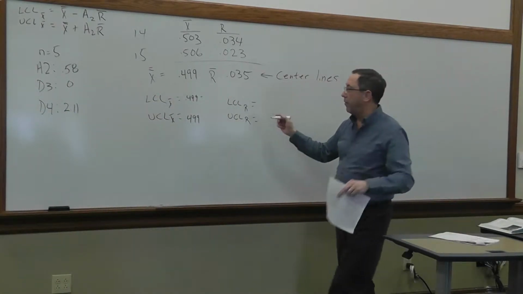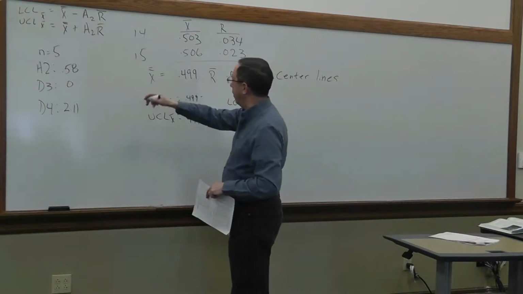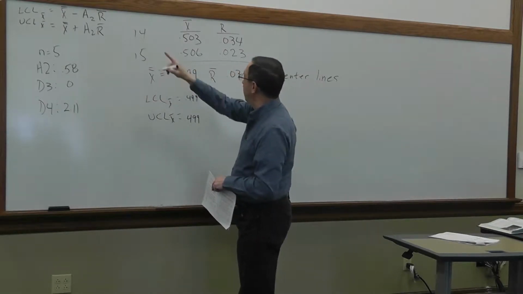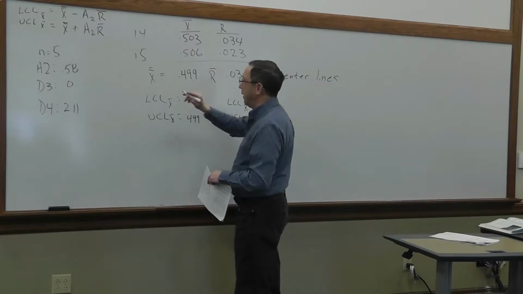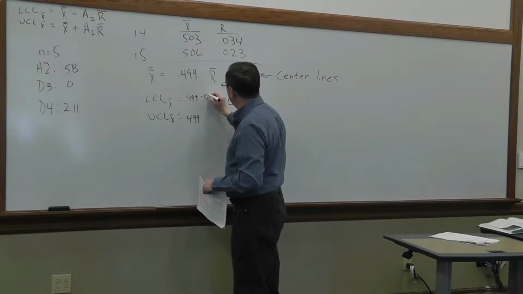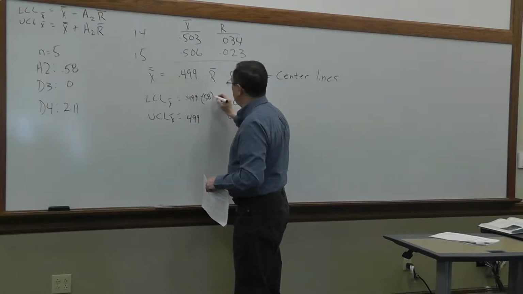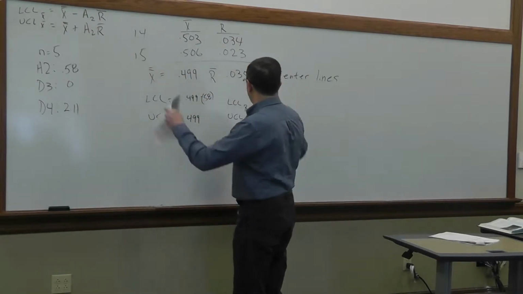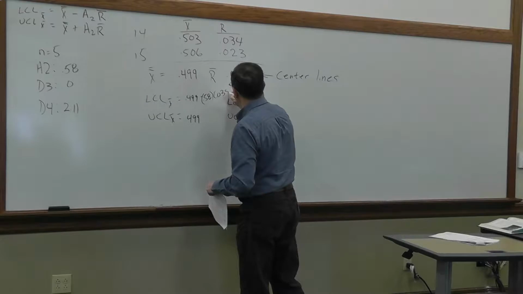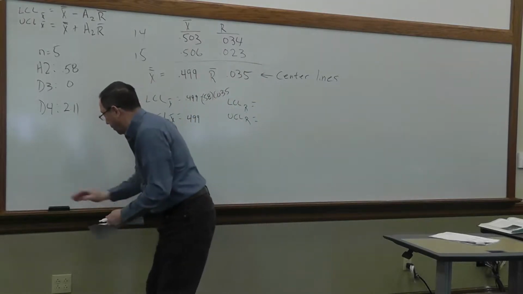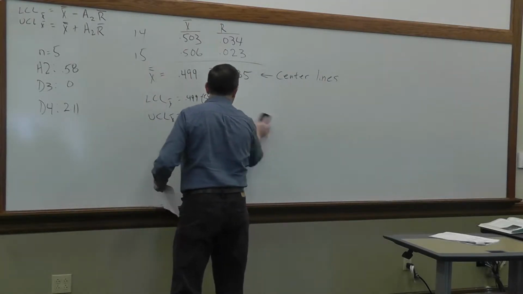And now it's just a matter of plugging and chugging. Into the formula: lower control limit equals 0.499, X double bar, minus A2, 0.58, times R bar, which we calculated as 0.035. I'm going to move my formulas because they're too close.